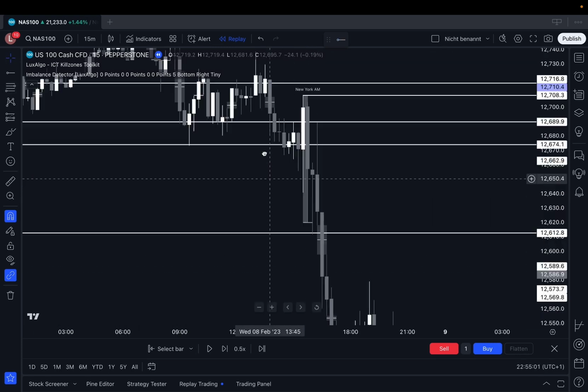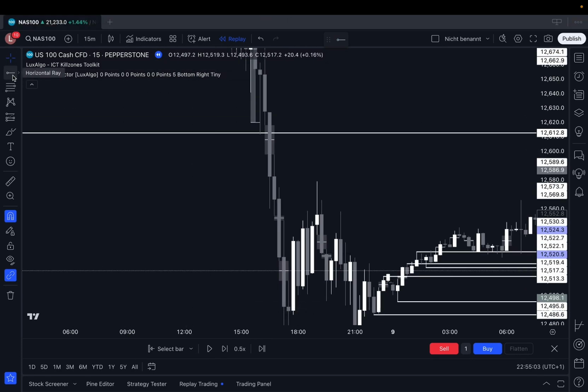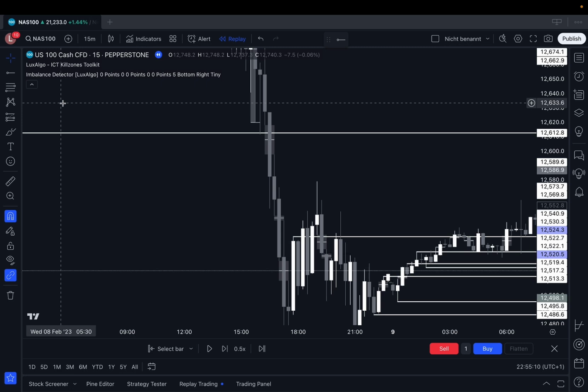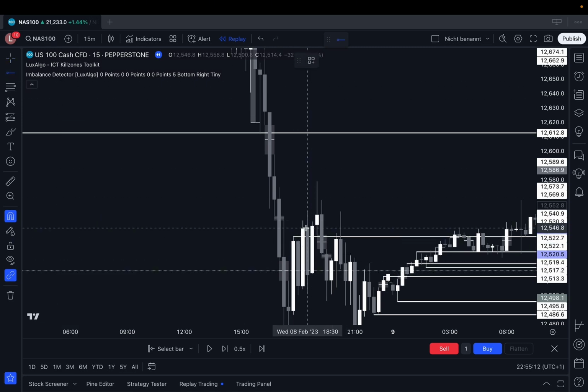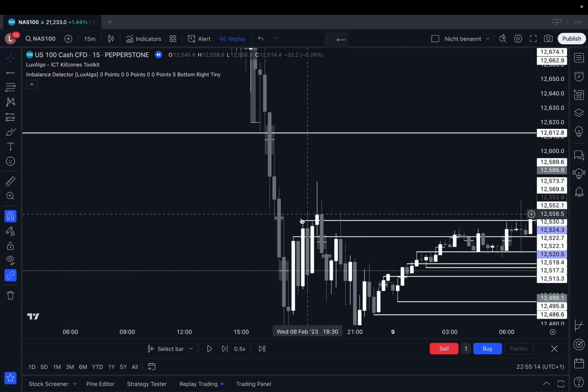We have lower highs, and this would be the next high, and then suddenly we don't have a lower high, we have a higher high right here. So this broke structure because this candle closed above the last high while we were in a downtrend. So it closed above this high, and now the market shifted to an uptrend.